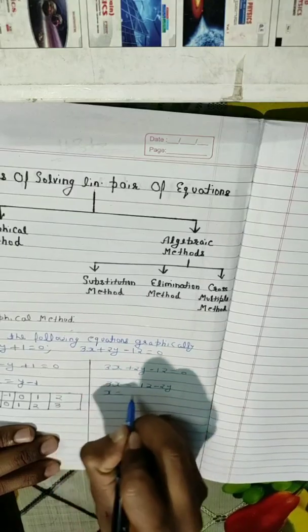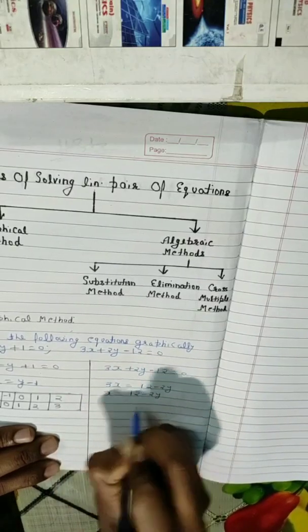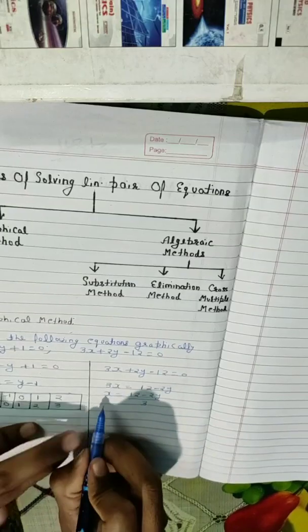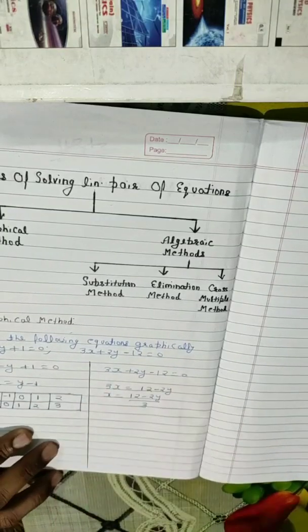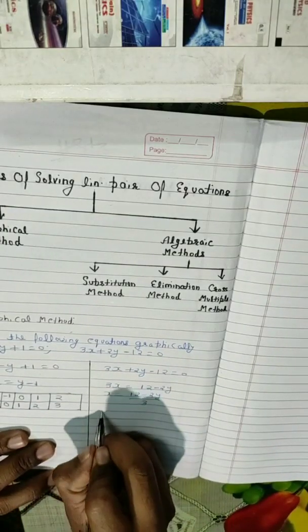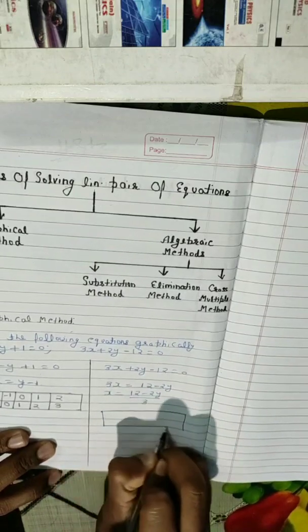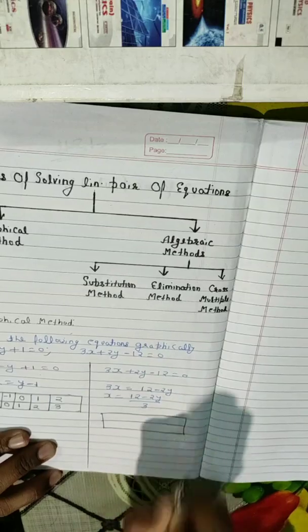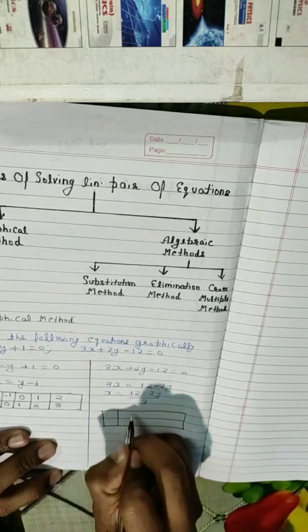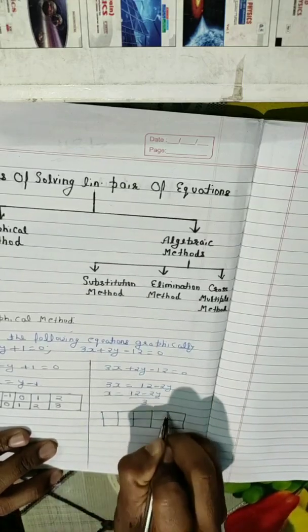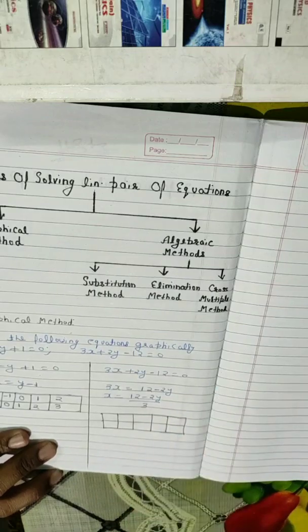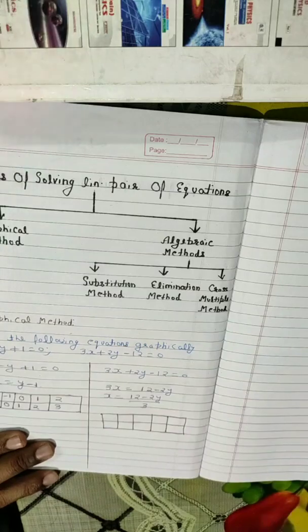So the value of x will be (12 minus 2y) upon 3. I have calculated x in terms of y. Now let us put values of y and get values of x. I will take such values of y so that I get x as an integer, so that I can make the graph easily.